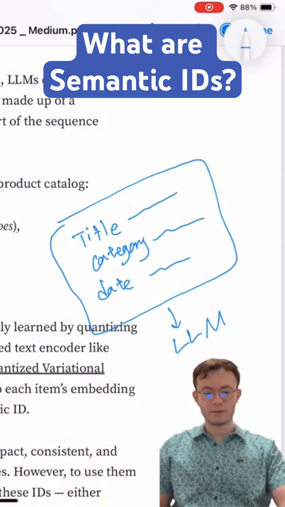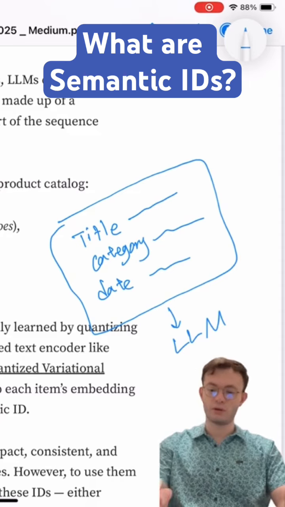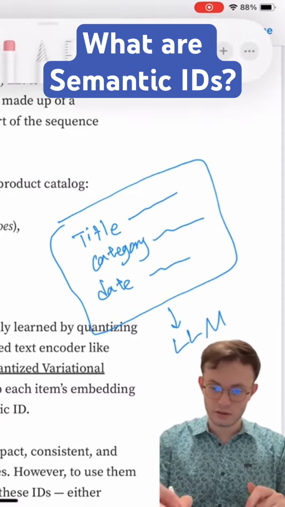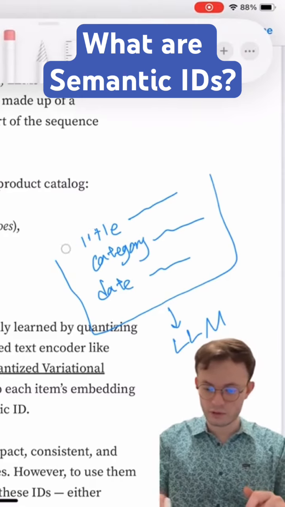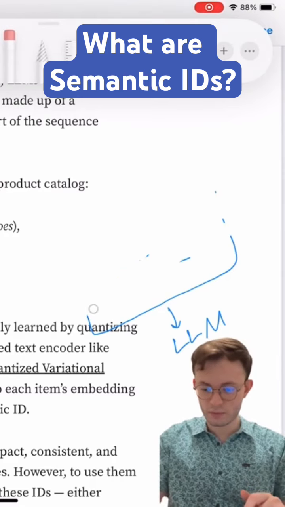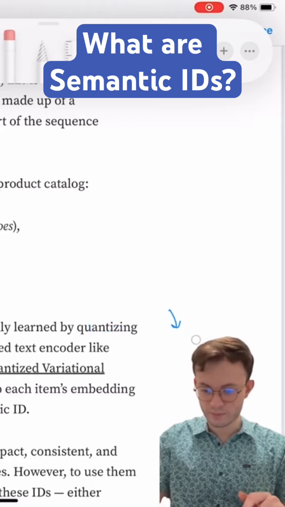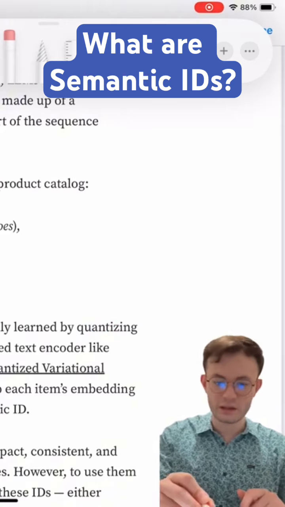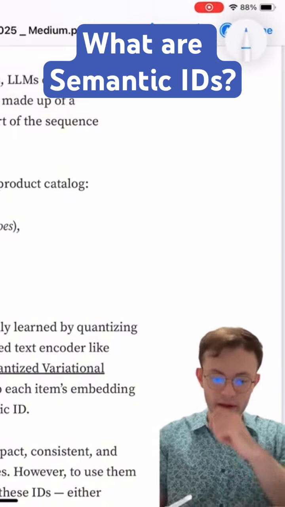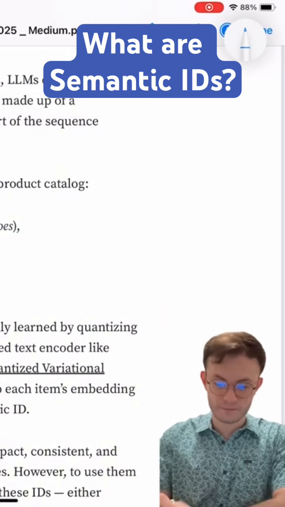Let's think about it like an example of a shoe shop. For the sake of simplicity, say each item in this shoe shop is shown by three things.